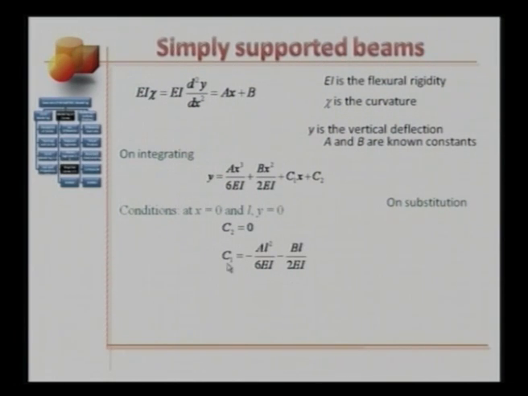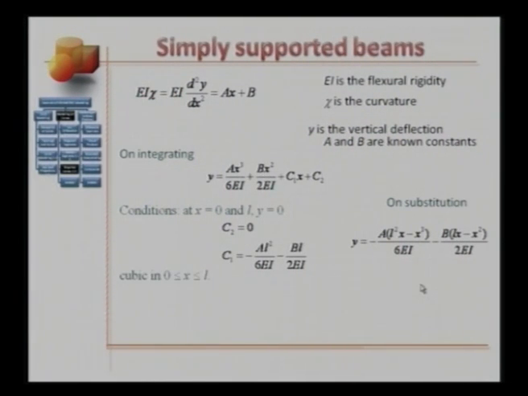If we substitute the values of C1 and C2 back into this equation, we have y equals minus a times (L squared x minus x cubed) over 6EI minus b times (Lx minus x squared) over 2EI. Once again, L is the beam length.